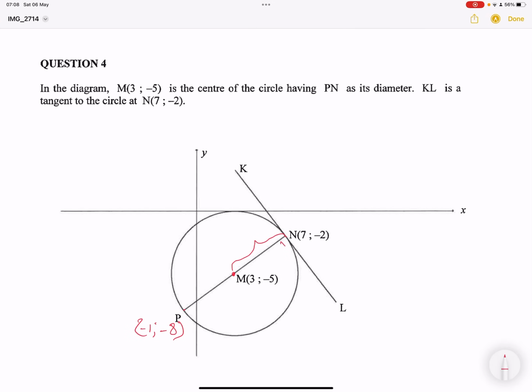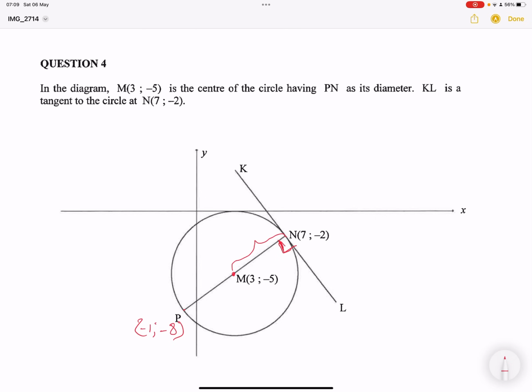We know that KL would be at 90 degrees to MN. Remember, a line that is drawn from the center will be perpendicular to the tangent at the point of tangency. So we know they form a 90 degree angle there.